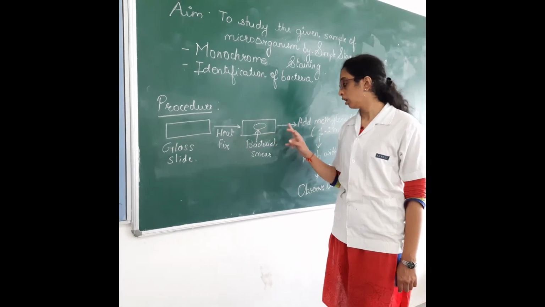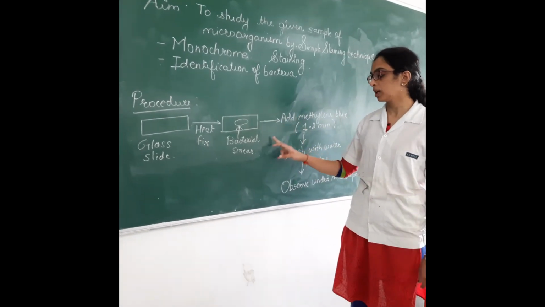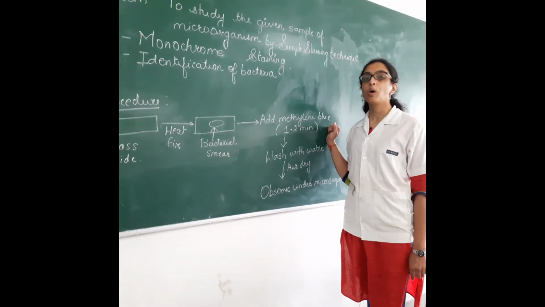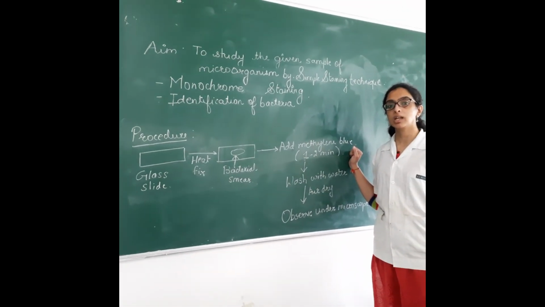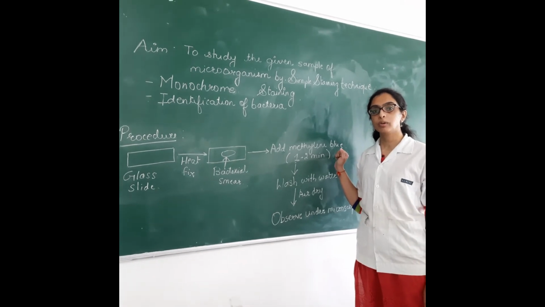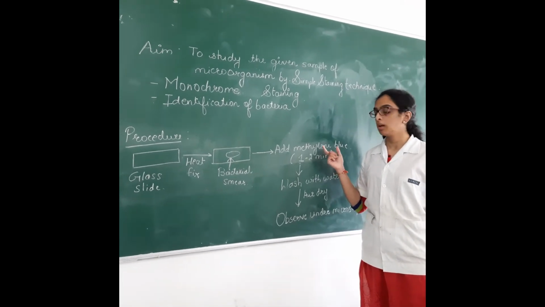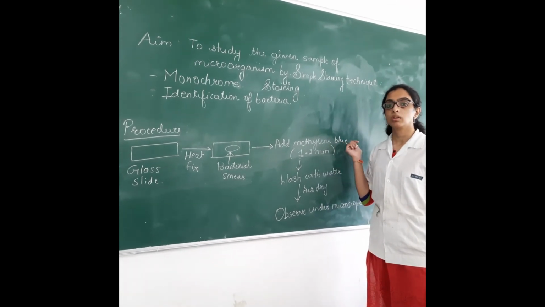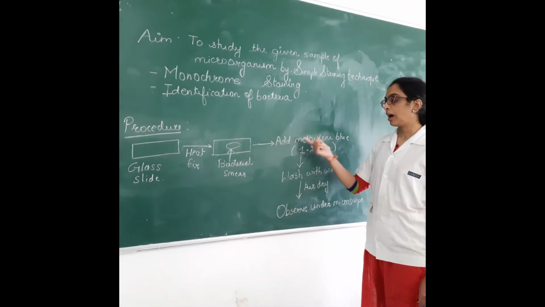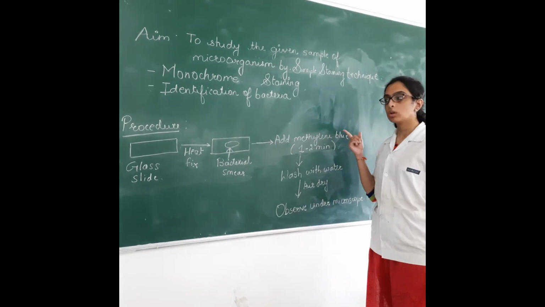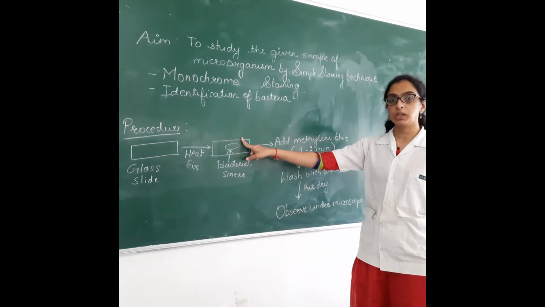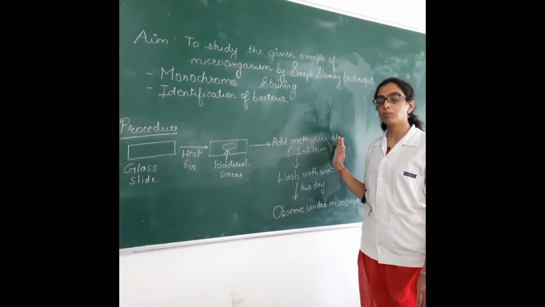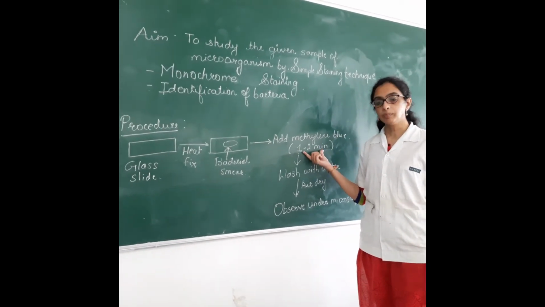After preparation of the bacterial smear, you have to add methylene blue or any basic dye, whether it is crystal violet or carbol fuchsin, any you can use. But in today's experiment, I am using the methylene blue dye. You have to add the methylene blue dye on this bacterial smear for 1 to 2 minutes and allow it to react for this much of time.